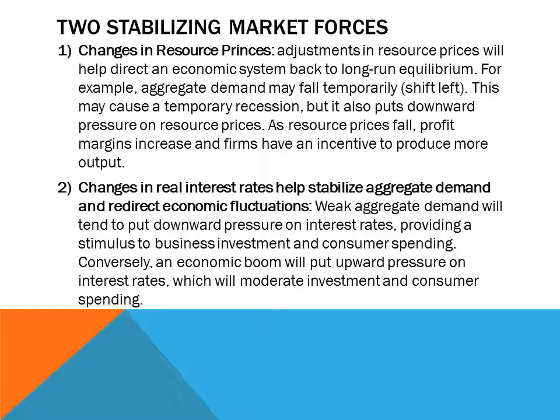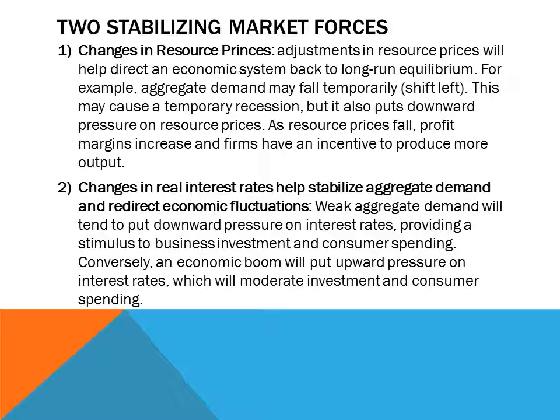Even though we can have unpredictable and destabilizing forces within the economy, as it is a complex organization of firms and consumers, we can observe two stabilizing market forces. First, changes in resource prices. Adjustments in resource prices will help direct an economic system back to long-run equilibrium.